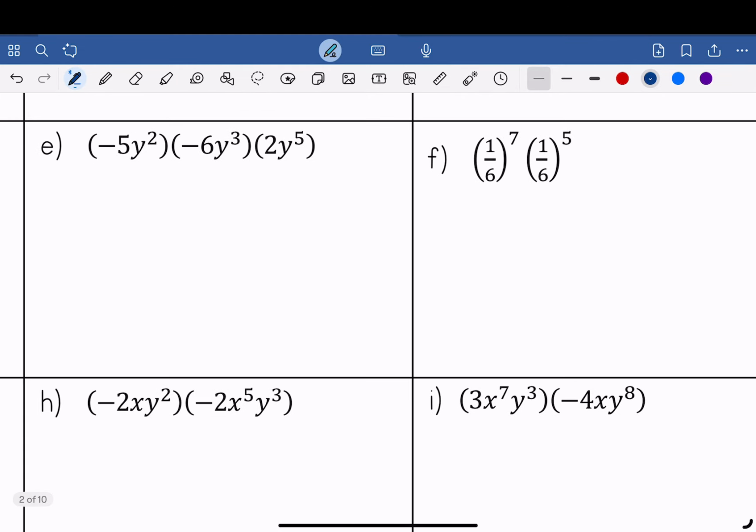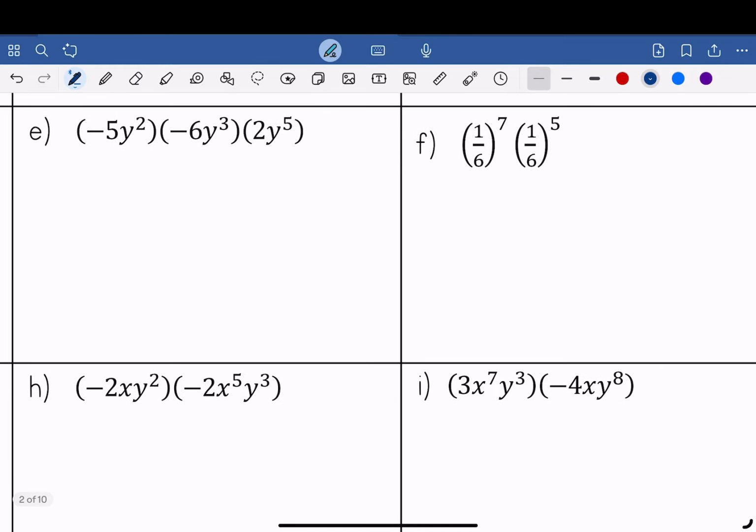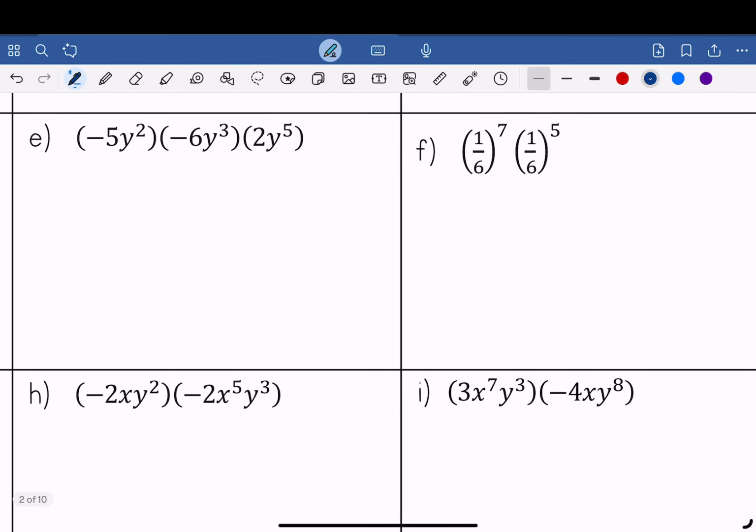Now I'm going to look at example E. So we have 3 terms here. So we're going to multiply all the coefficients together. -5, -6, and 2. And then add the exponents of the base y.